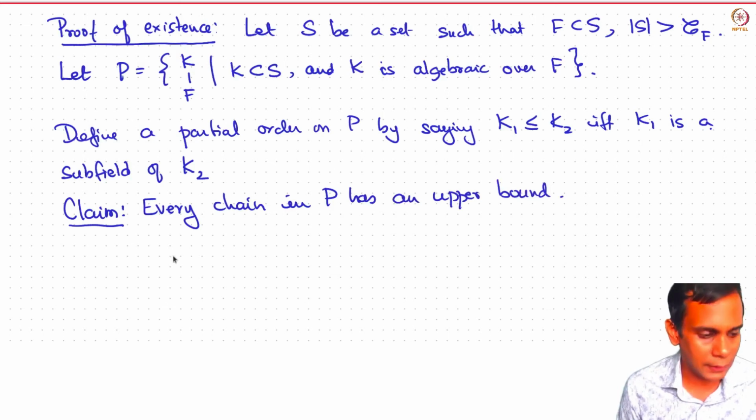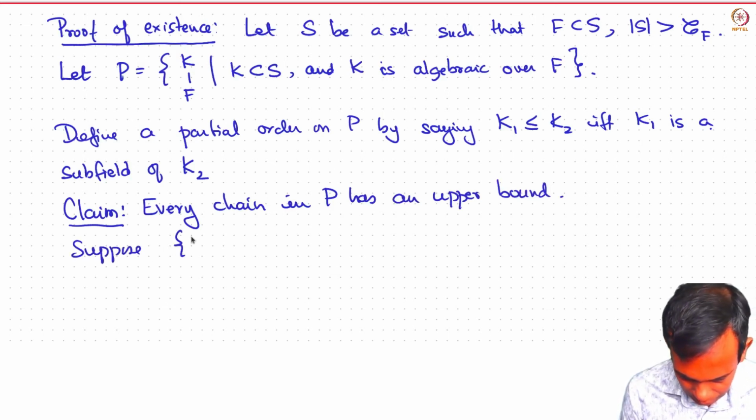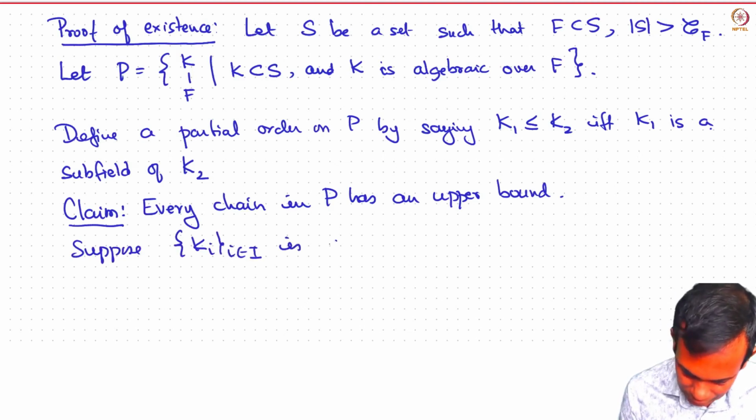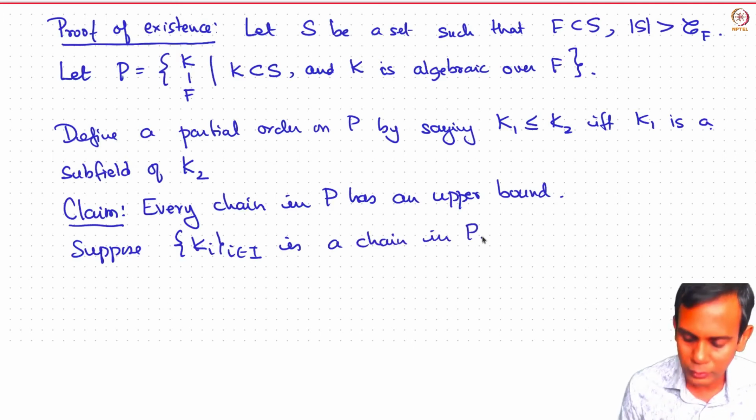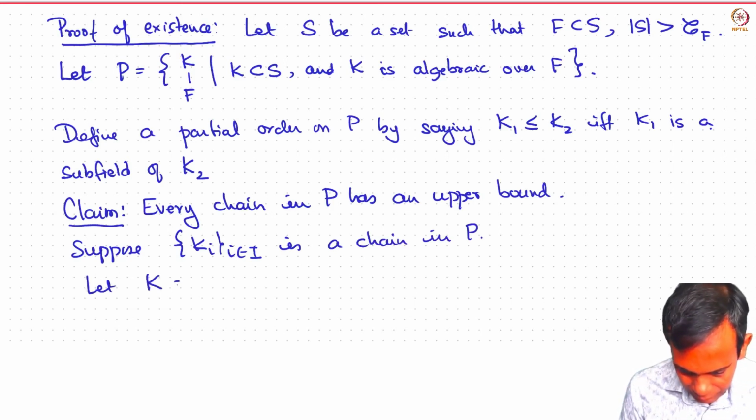And the proof is the following. So suppose Ki, i in I, is a chain in P. Need not be a countable chain, any chain. Then let K be the union of all these sets.